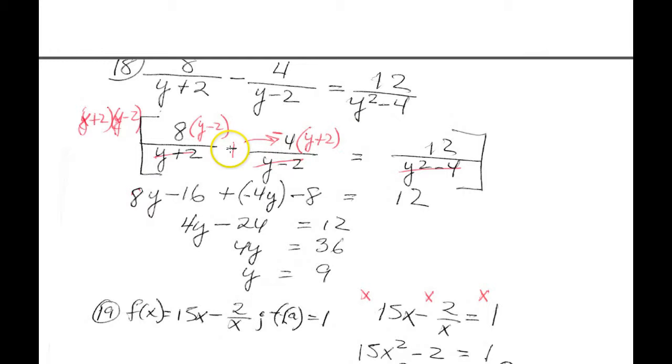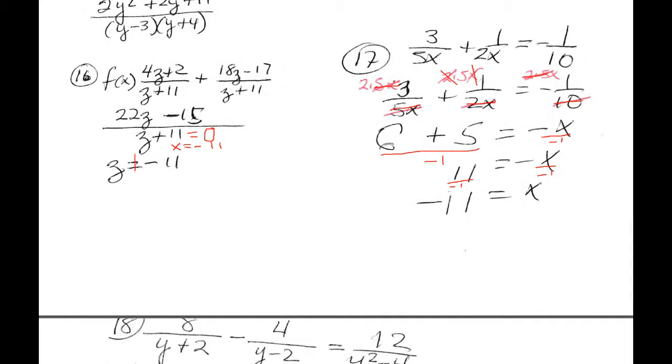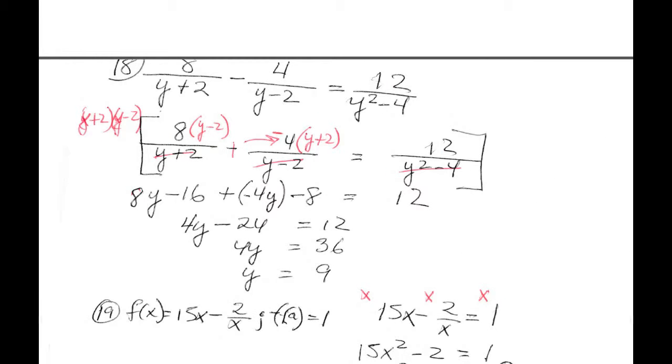Notice this was a negative sign. I put the negative up here, made this positive. It's easier to work. I multiplied through, combine like terms. Y is 9. Now these weren't too hard. Again, I didn't pick the hardest ones. Let's raise it up a little more.